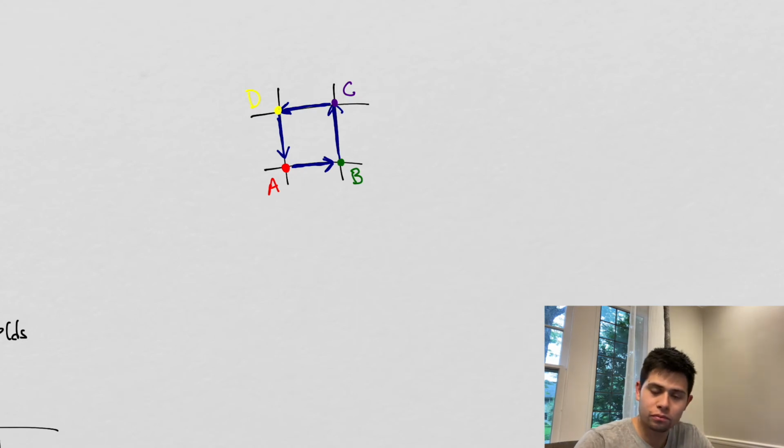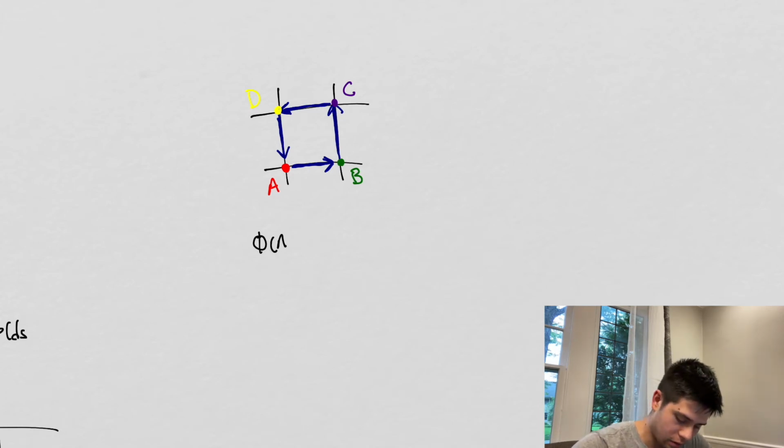So when we move from point A to point B, we want to account. So we're going to start off by considering our value at point A.